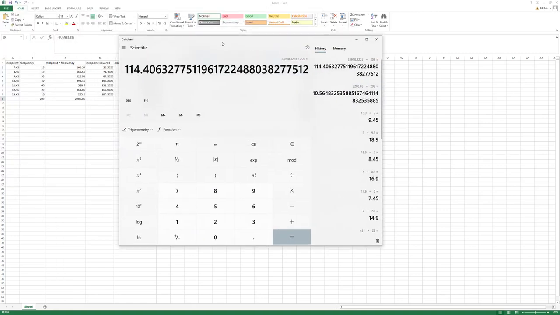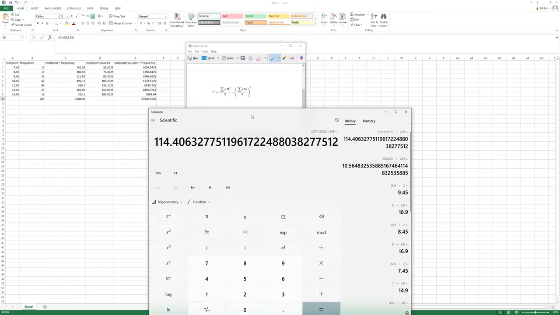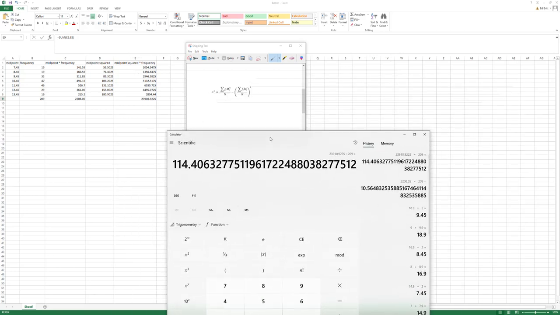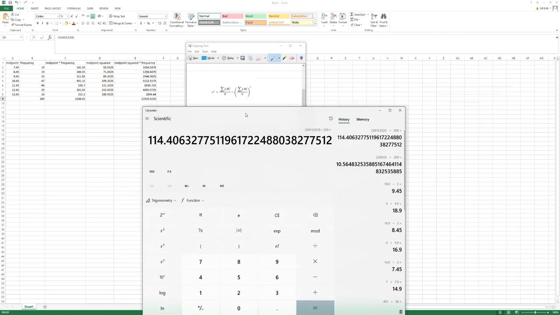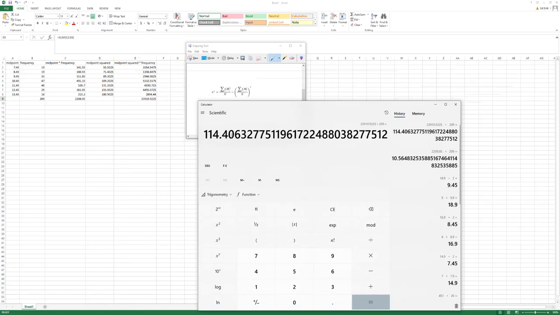Alright, so here's what I got, and I'm going to write that down in one of these cells just so I can save it. That number is actually going to go first here. And I'm going to carry it out to 4 places, just like I'm going to carry out my other number I'm going to plug in to 4 places.